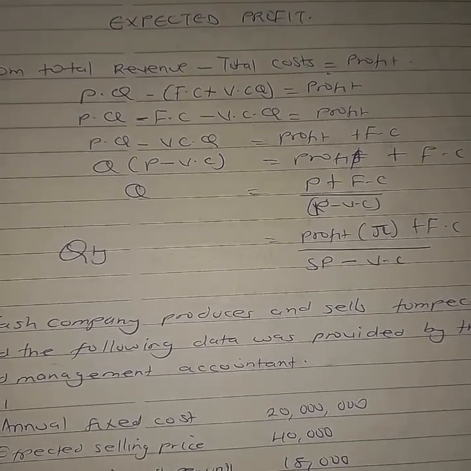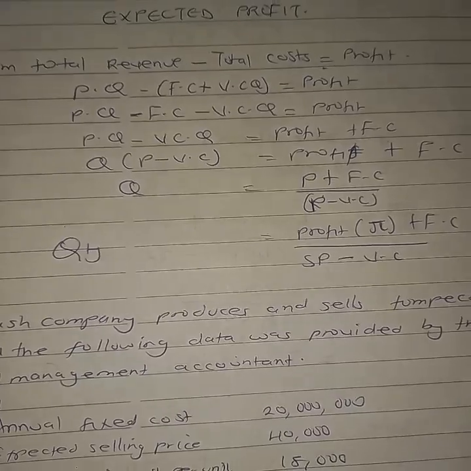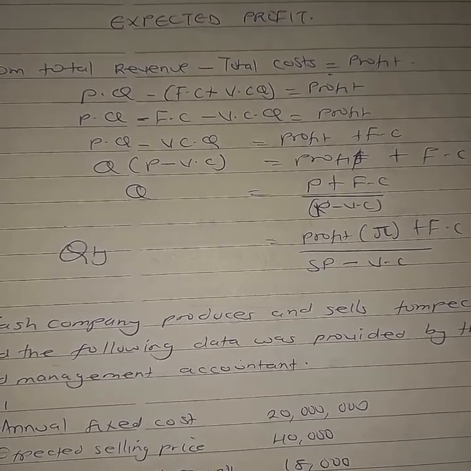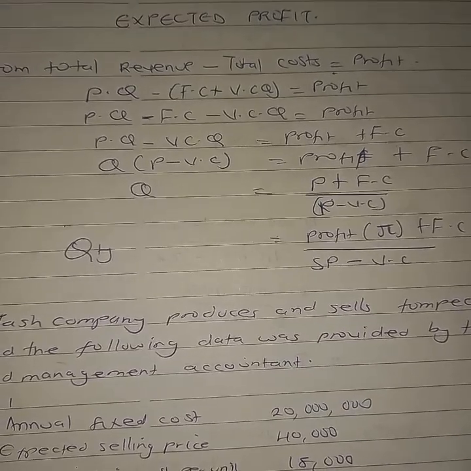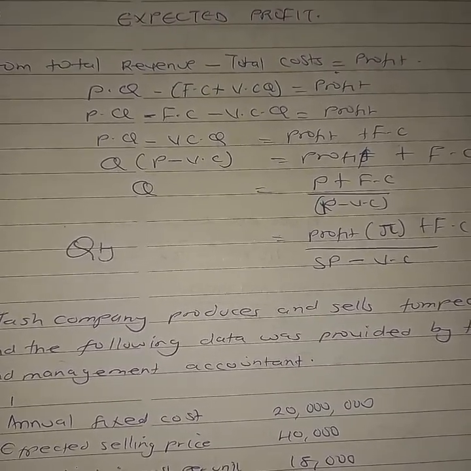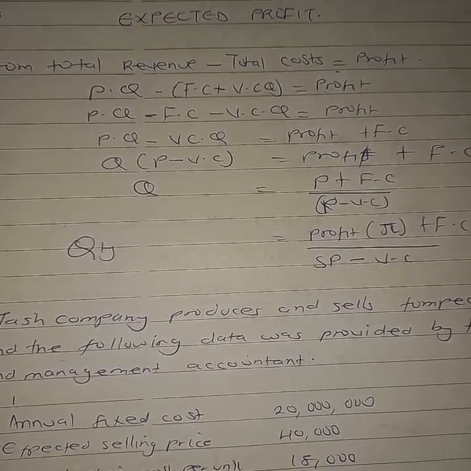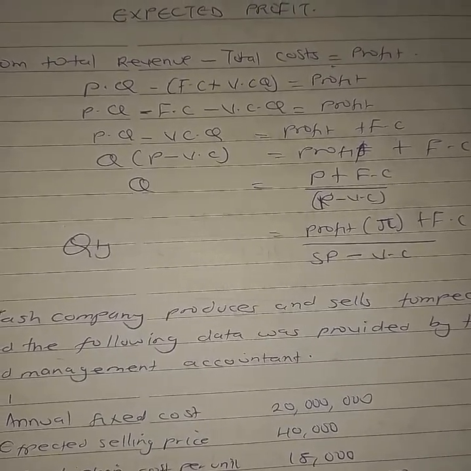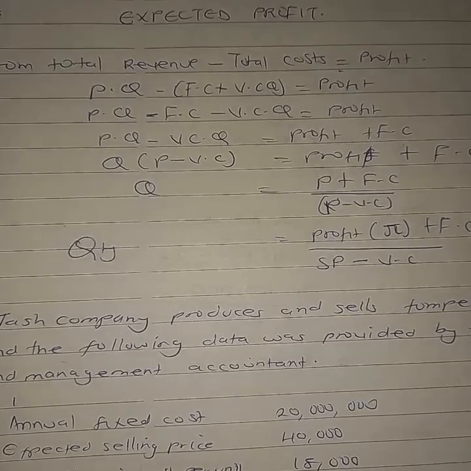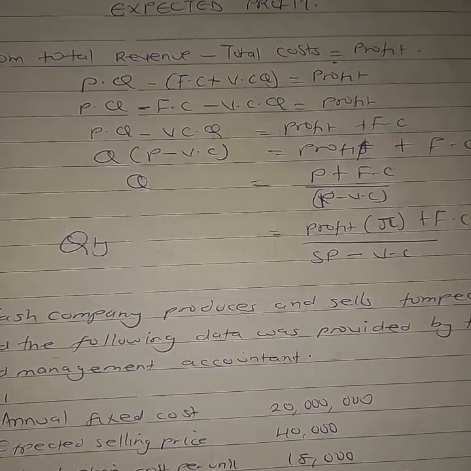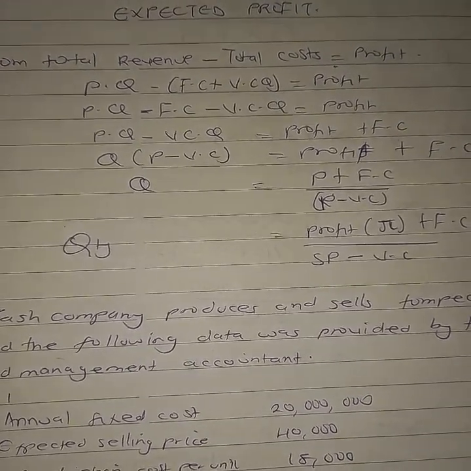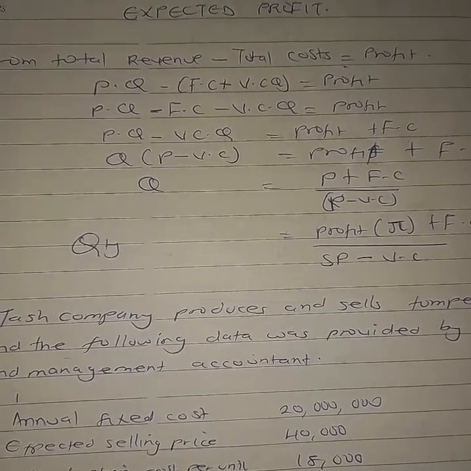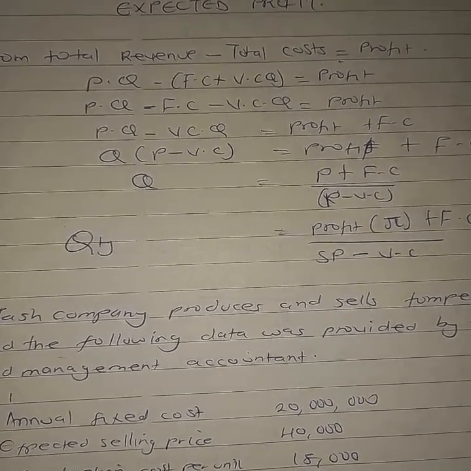So you solve the equation. I'll pull out the fixed cost and the variable cost from the bracket, and after pulling it out, I'll form an equation which I'll solve in order to get my quantity. I've transferred the fixed cost first to the profit side, and then collected like terms of quantity into price minus variable cost.